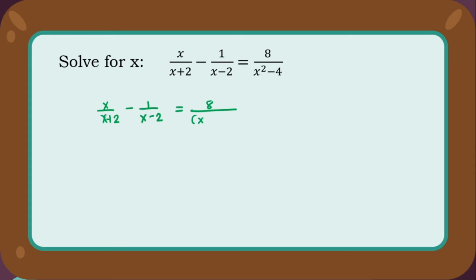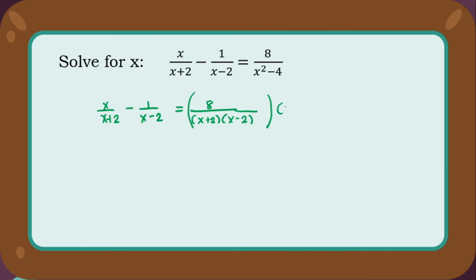It is x plus 2 and x minus 2. Now, let us multiply both sides of the equation by their LCD. Ano ang LCD na equation na to? The LCD is x plus 2 and x minus 2.